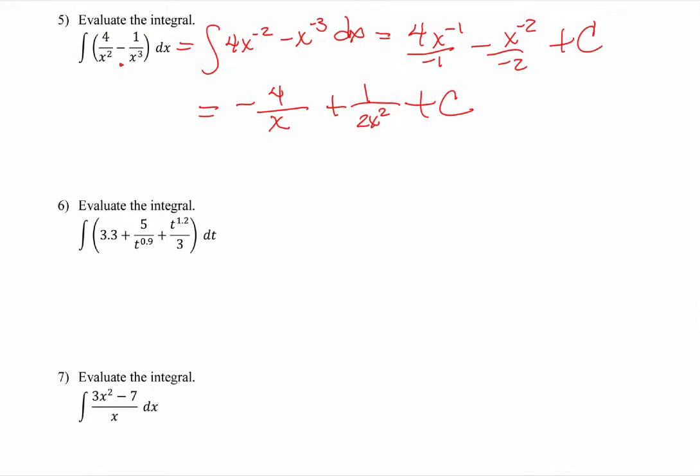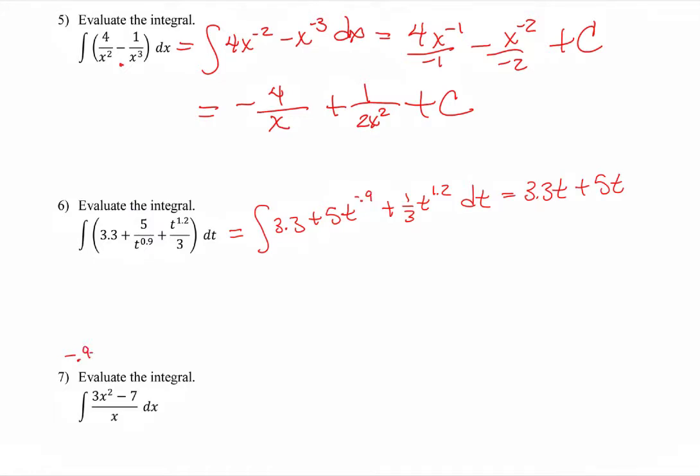Let's look at number 5 again. So this is the integral of 3.3 plus 5t to the negative 0.9 plus 1/3 t to the 1.2 dt. So that equals 3.3t plus 5t. What is negative 0.9 plus 1?